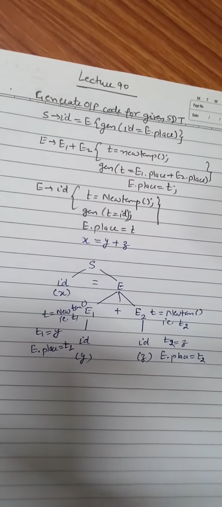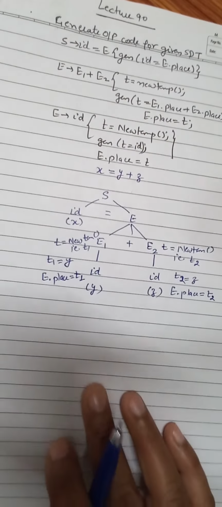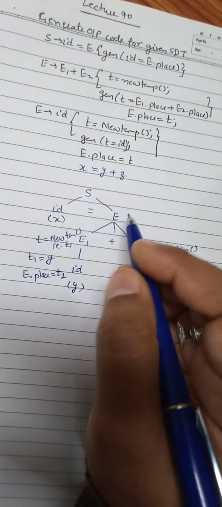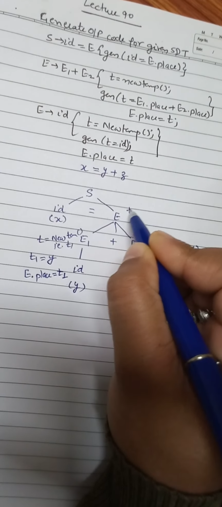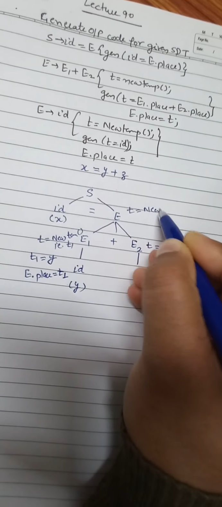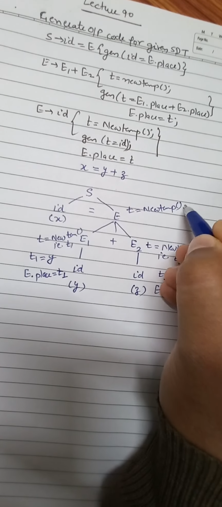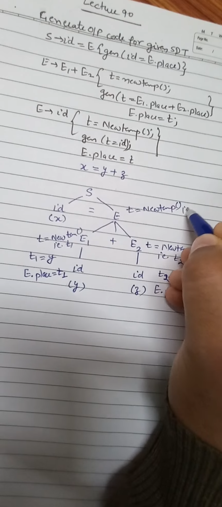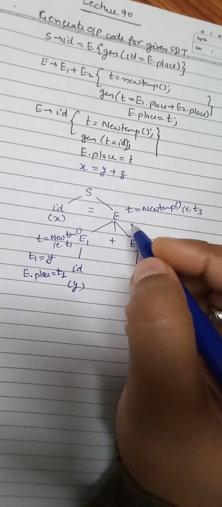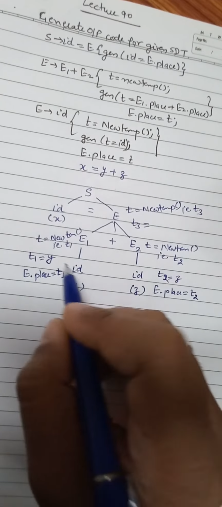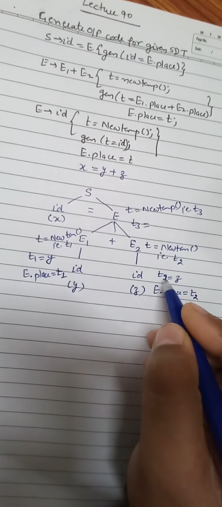So now we will go further. For this we will again create a new variable, T is equal to new temp function. For this it will create a new variable, that is T3. So we can say T3 is equal to T1 plus T2, because here we have taken T1, here we have taken T2.